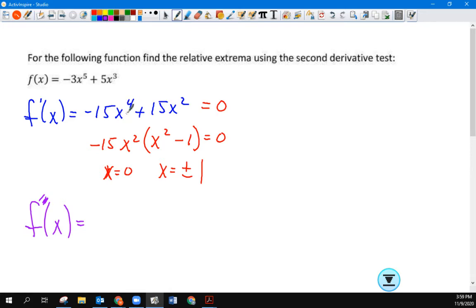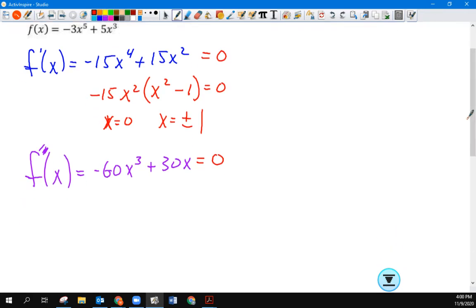Okay, so 4 times 15, that's negative 60x cubed plus 30x. And again, we're still going to set this equal to 0 so we find our zeros, so we're going to factor. We're going to take out negative 30x.